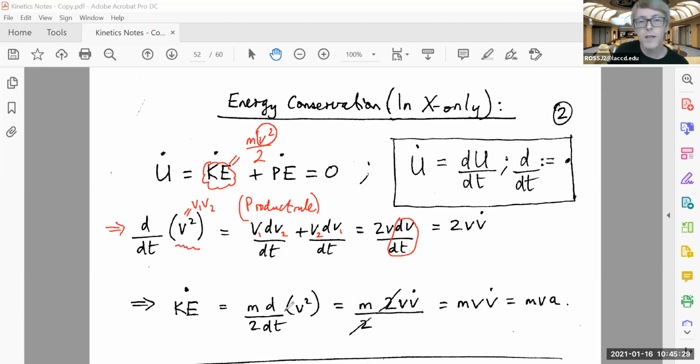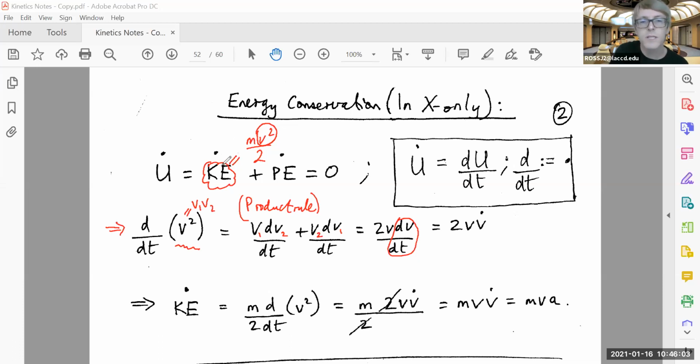If we put the constants back in now, the mass and the number 2, which remember we ignored because they were constants, the 2 will cancel the 2 that we had here, and we're just left with mv V dot. Well, that V dot is just acceleration, right? It's the change in velocity per unit time. So we finally got the change in kinetic energy per unit time is equal to mass times velocity times acceleration.